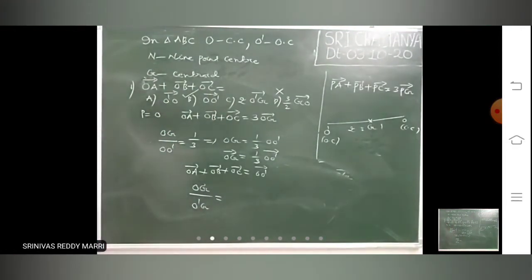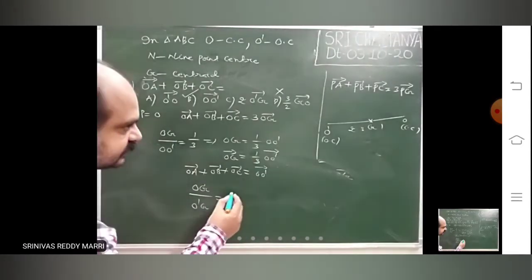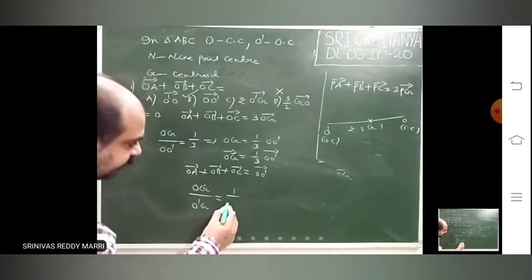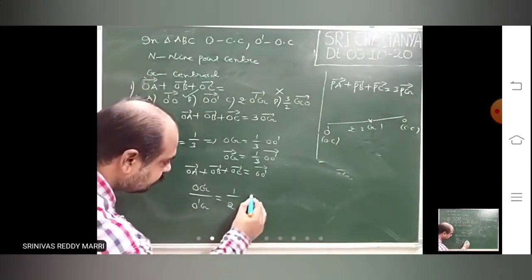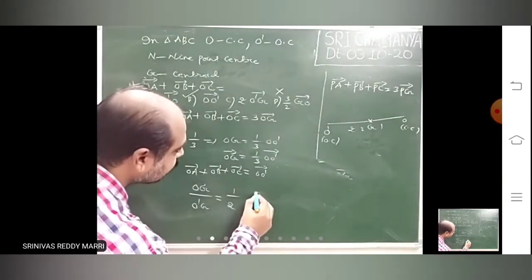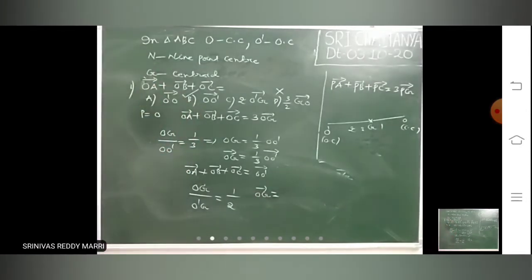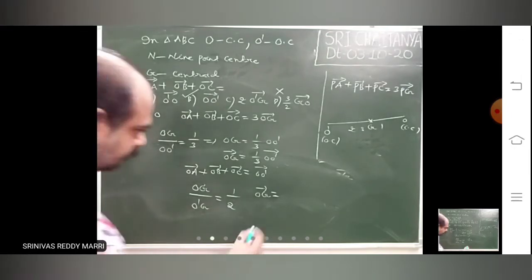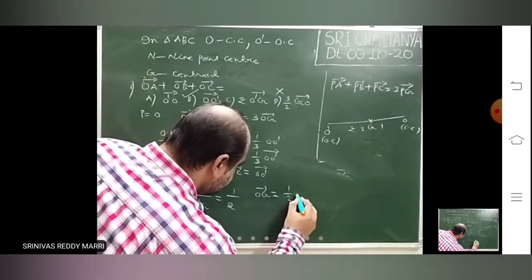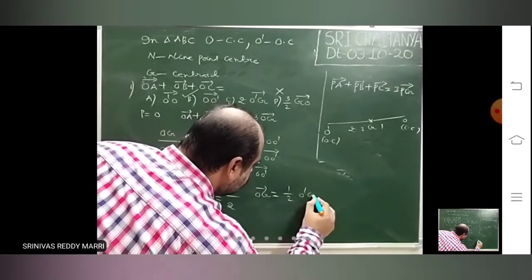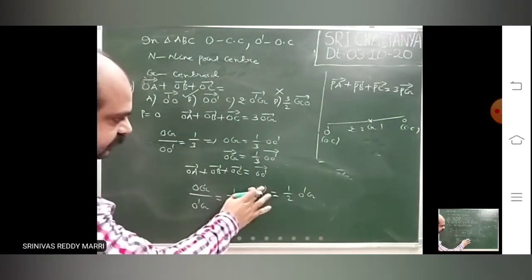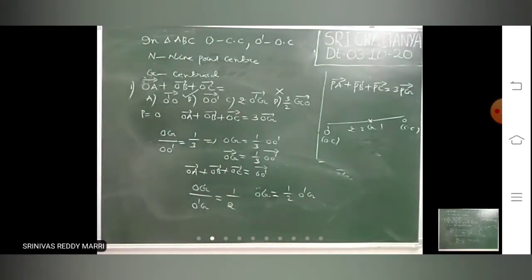So OG divided by O dash G is nothing but one part divided by two parts. That means OG bar equals 1 by 2 O dash G. OG equals 1 by 2 O dash G.